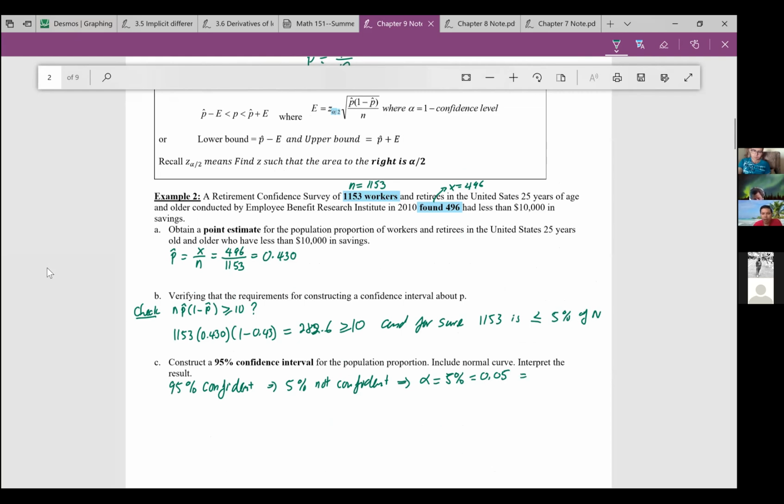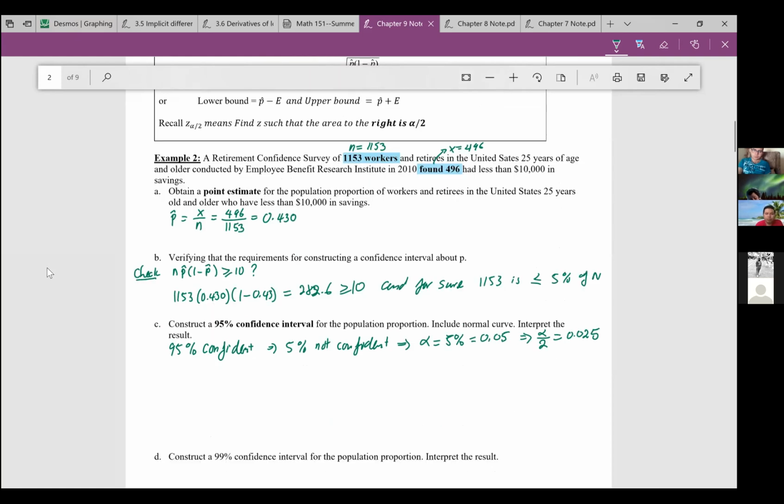which indicates that alpha over 2 will be 0.025. And that's what we need to find Z. So Z alpha over 2 will be equivalent to Z of 0.025.